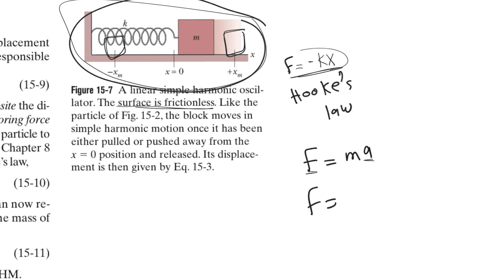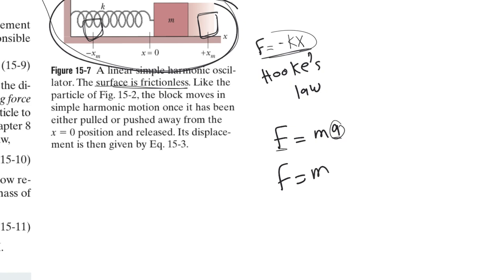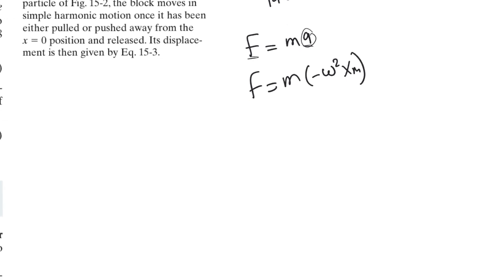The force is proportional to the acceleration, and the acceleration is that of simple harmonic motion, so we can replace a with minus omega square x. Then F will be equal to minus m omega square x. In general, I will write it for any place where we have acceleration, not only at the maximum.